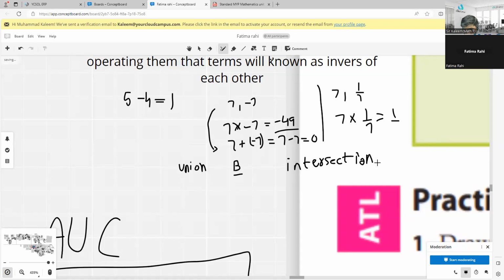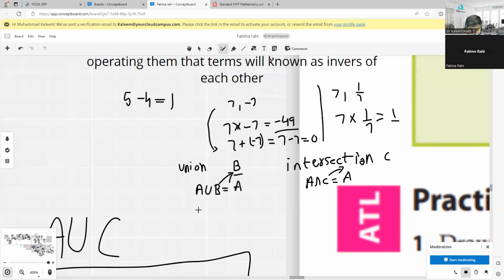No, I get it. So intersection identity is C, union identity is B, because they clearly mention that while we take a union of any set with B, it gives you the same set. And while we take intersection of any set with C, it will give you the same set. They gave that A union B is equal to A intersection C is equal to A. It means that here B is a union identity, C is an intersection identity.